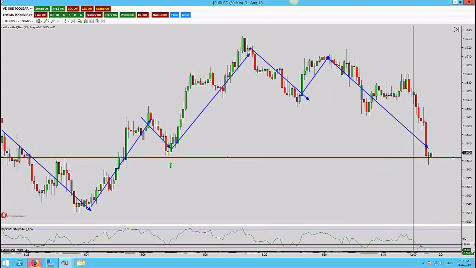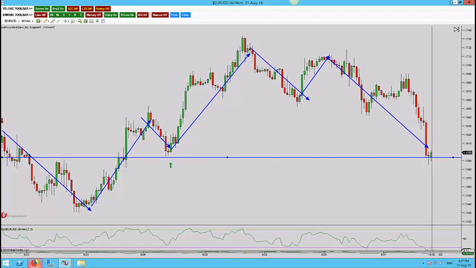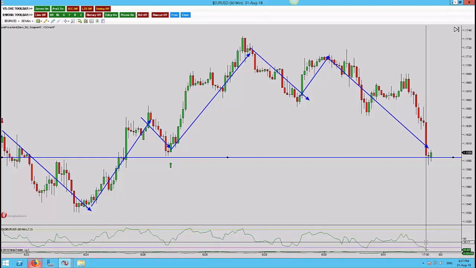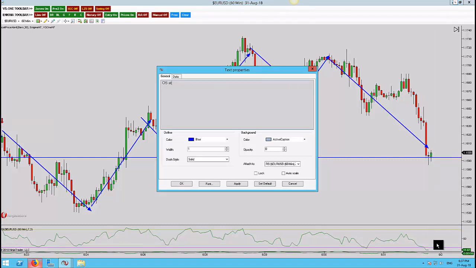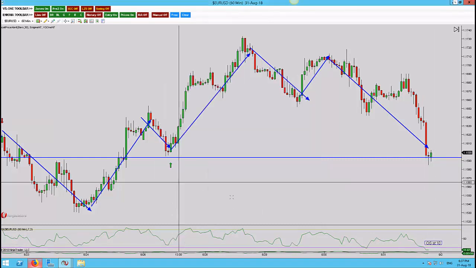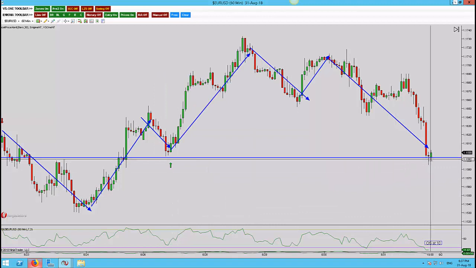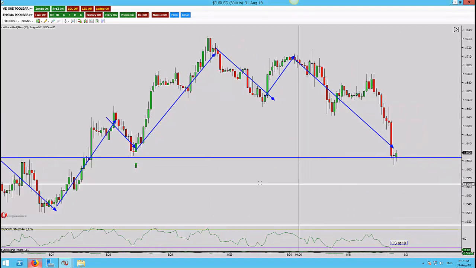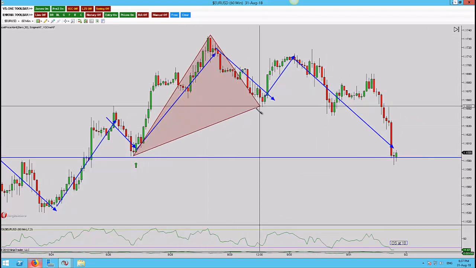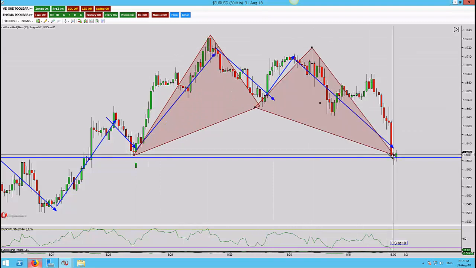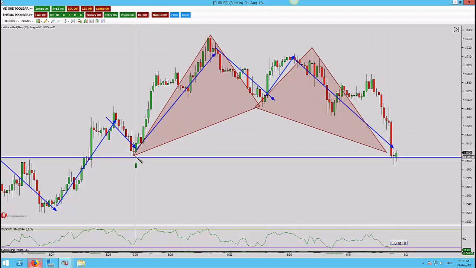lovely pin bar. We have gone massively oversold at 10, and let's put that on there, oversold at 10. So we have the pin bar, and we also have the psychological number 1600 flat. And then if we draw out our advanced pattern, it was actually valid from the 886.